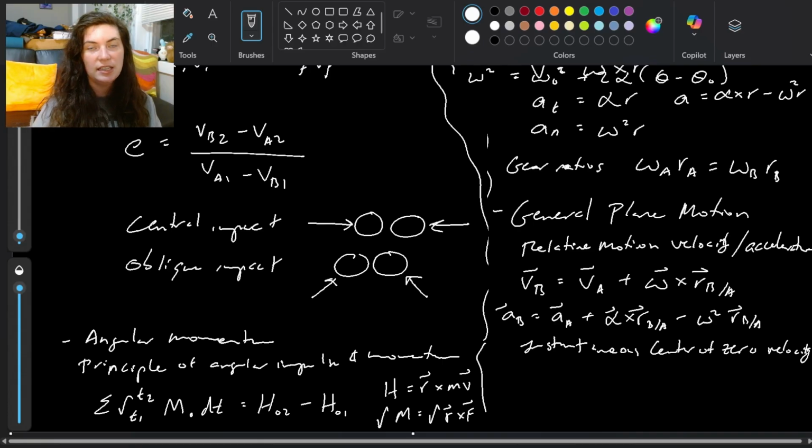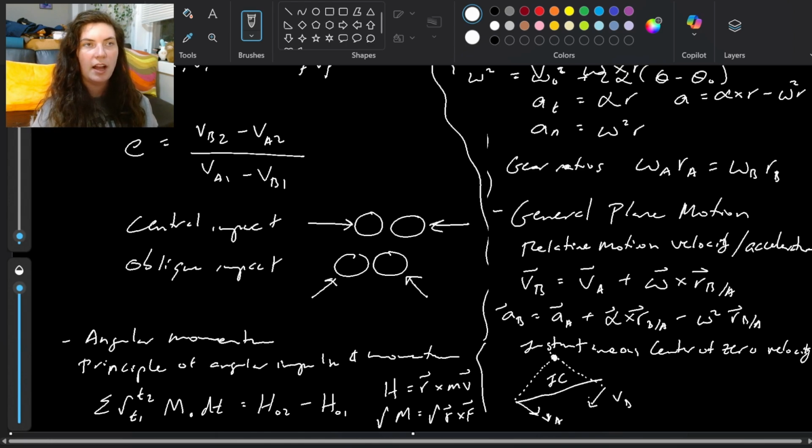And with those instantaneous centers of zero velocity, if you have a velocity of A and, let's say, velocity of B, you're essentially taking a vector that is perpendicular to both of them, finding where they intersect, and that is your instantaneous center of zero velocity. And then you create a triangle that relates these together so that you can find those vectors.